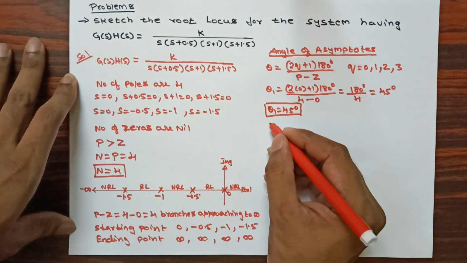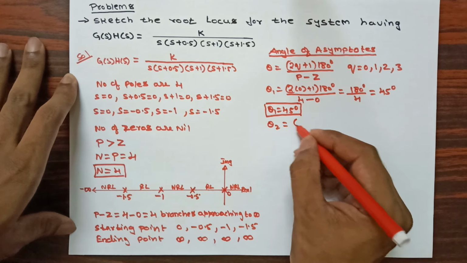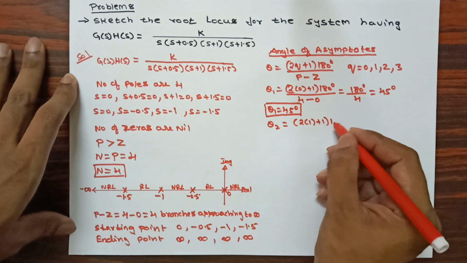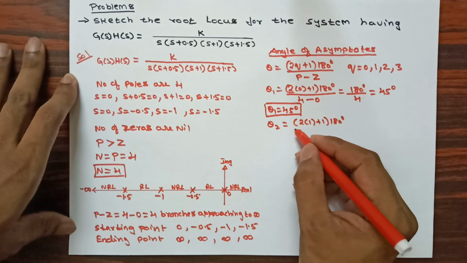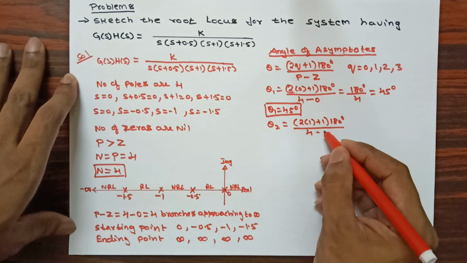Next we are going to calculate theta 2. Theta 2 is equivalent to (2 into 1 plus 1) into 180 degrees divided by the number of poles, 4, minus 0.